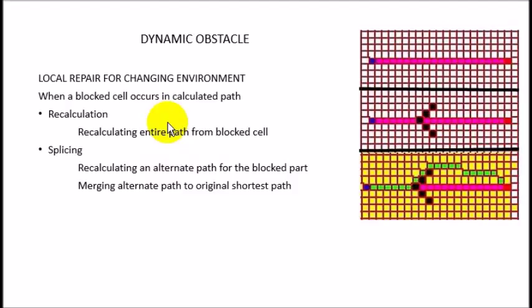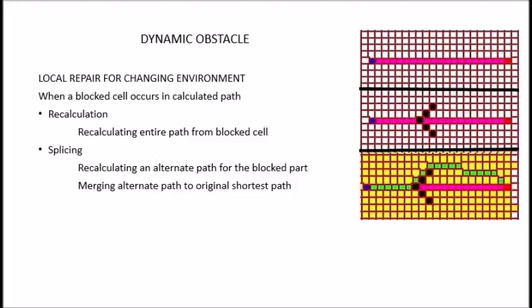Recalculation: when an obstacle is detected in the proximity of the vehicle, the vehicle stops at the current cell and recalculates the whole path from the current cell to the goal. While in splicing, instead of going from the current cell to the goal, we reutilize the previously calculated path, so we save the extra calculation.